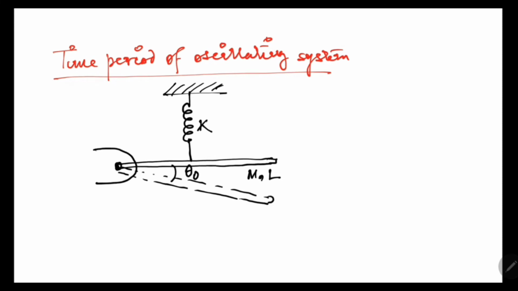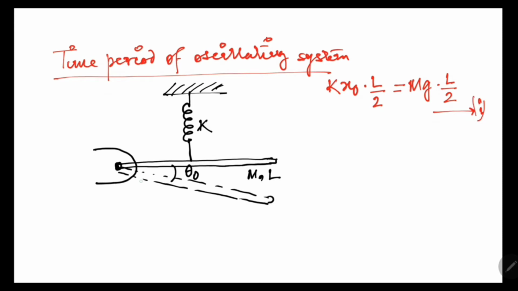Now in the equilibrium position, the torque of the spring force and the weight balance each other. Therefore, K into x0, let x0 be the extension, into L by 2 equals mg into L by 2. This is equation number 1.